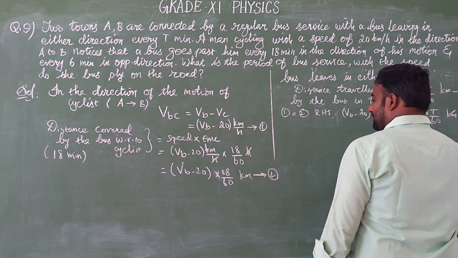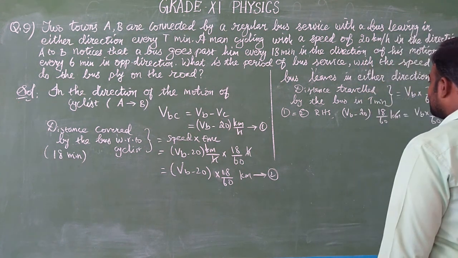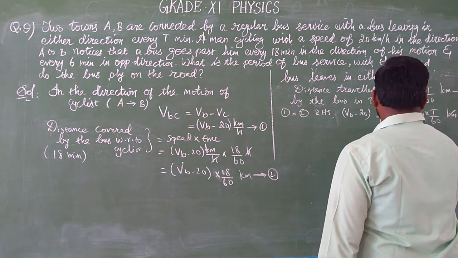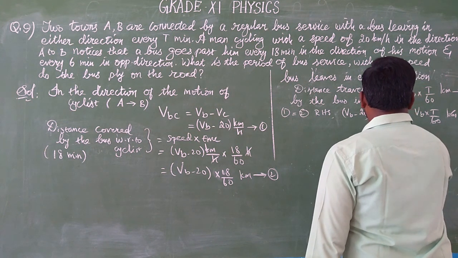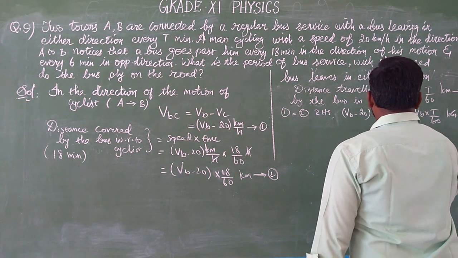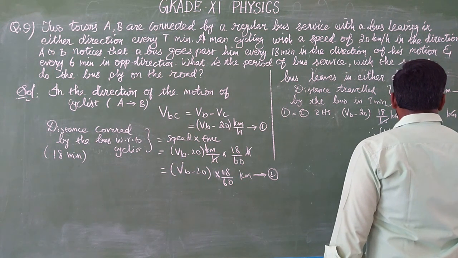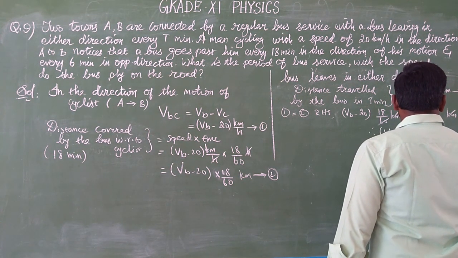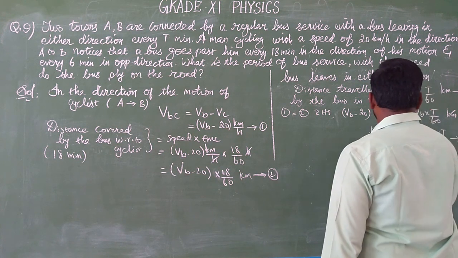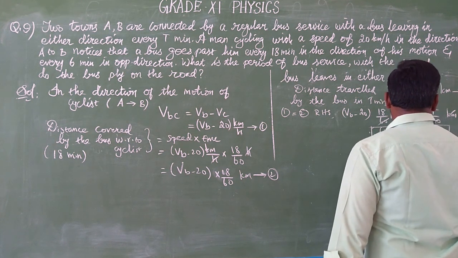Kilometer cancels, and the 60 also cancels. Therefore Vb minus 20 is equal to Vb into t divided by 18. This is equation number 3.